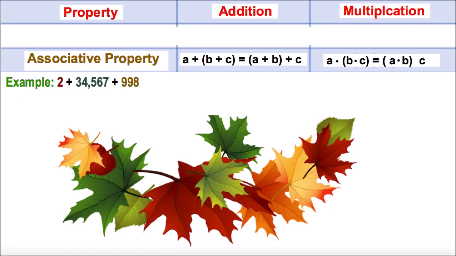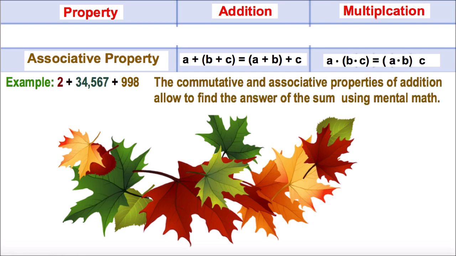So for example, 2 plus 34,567 plus 998. The commutative and associative properties of addition allow us to find the answer of the sum using some easy mental math.